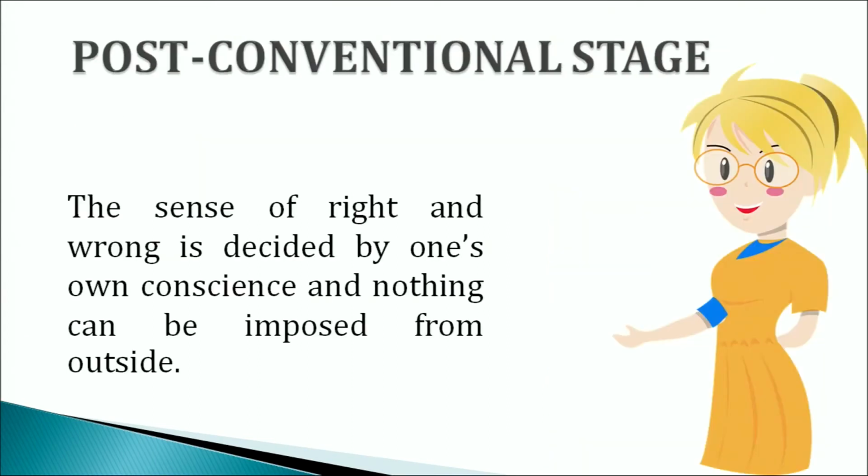In the post-conventional stage of moral development, the sense of right and wrong is decided by one's own conscience and nothing can be imposed from outside. One may keep certain universals like value for life at the highest order of values and may also break a law for the same. This is how, according to Jean Piaget and Lawrence Kohlberg, moral development takes place.